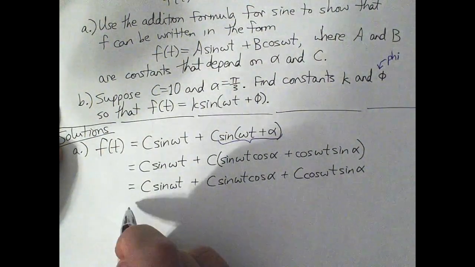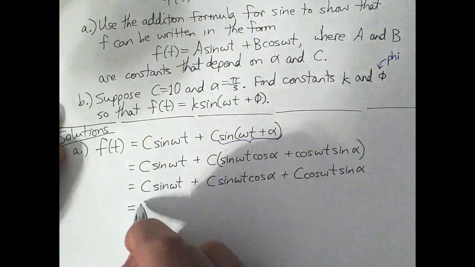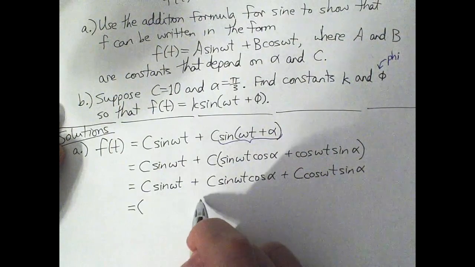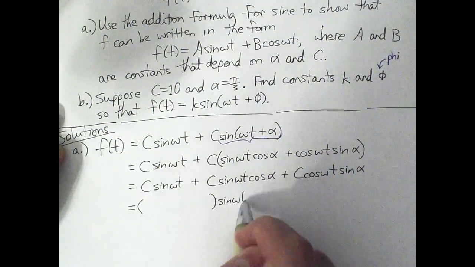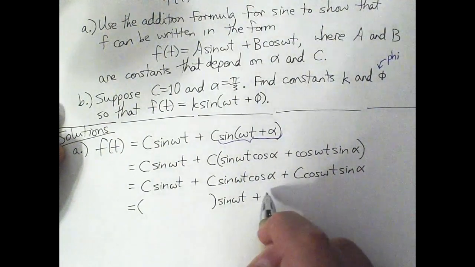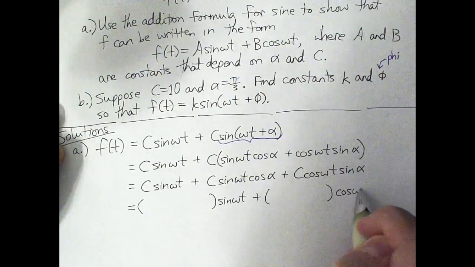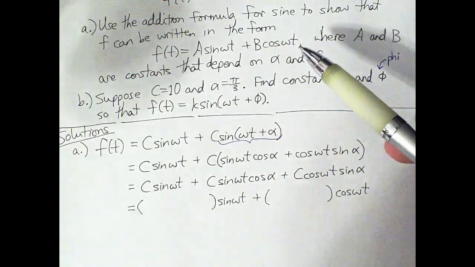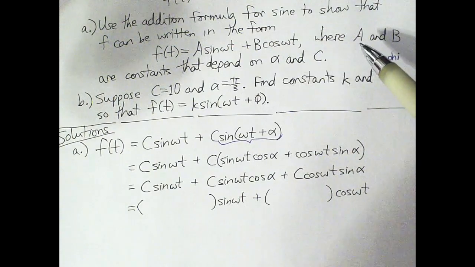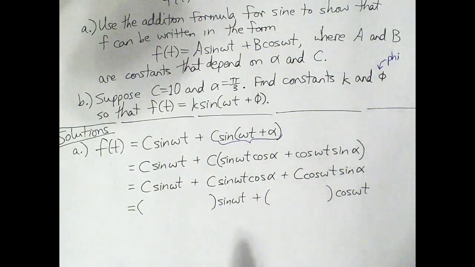How about this? What would it take to get this into this form? Something times sine of omega t plus something times cosine of omega t. The problem claims that it can be written in this form for some capital A and some capital B. What would have to go in these parentheses to make this work?